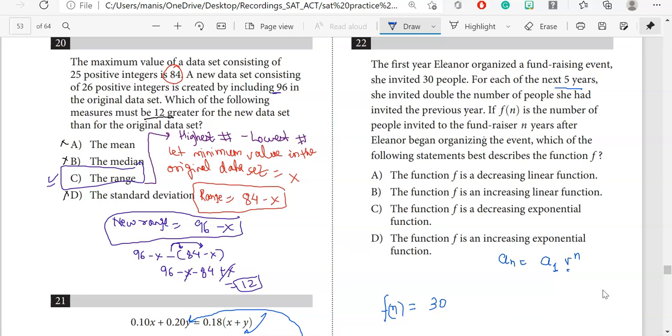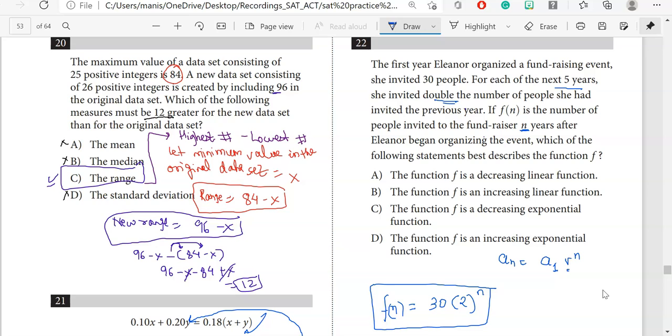Each year is getting doubled, so they are increasing by a constant factor of 2. This 2 will come over here, along with n after n number of years. So my function becomes like this.